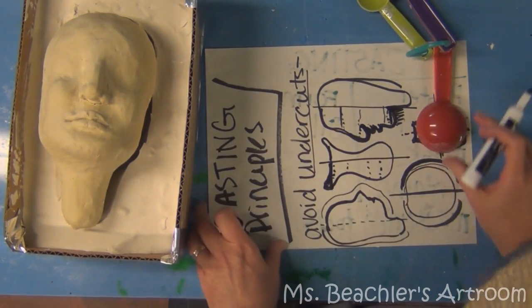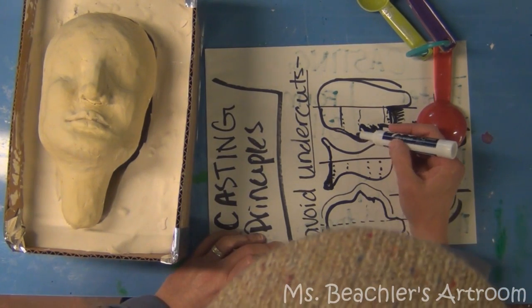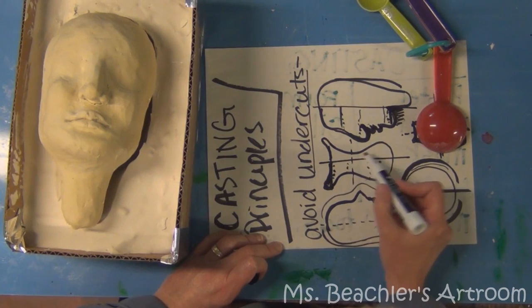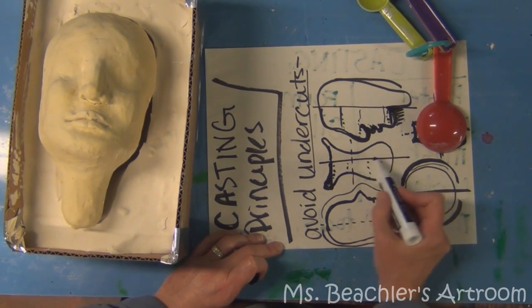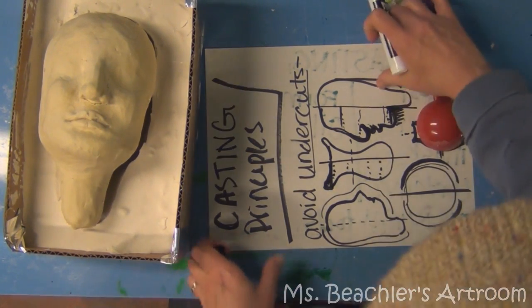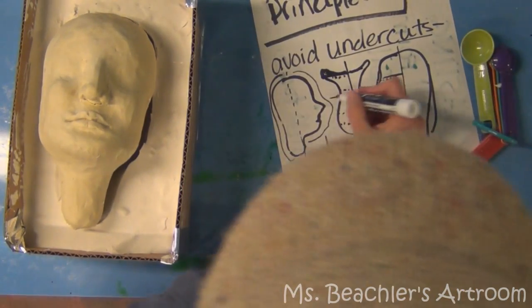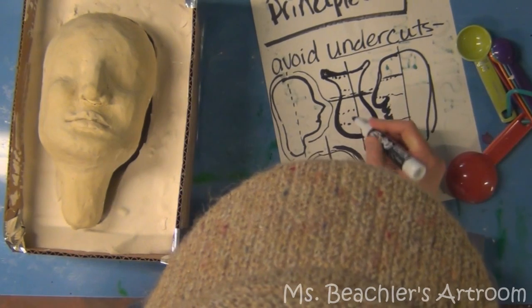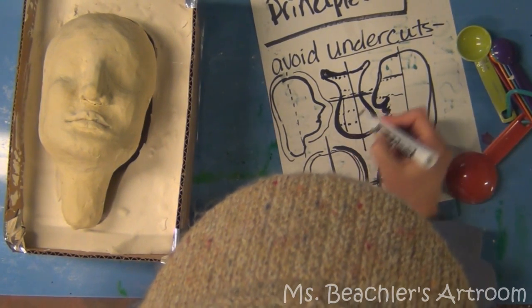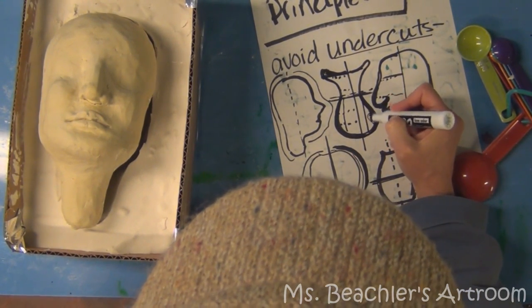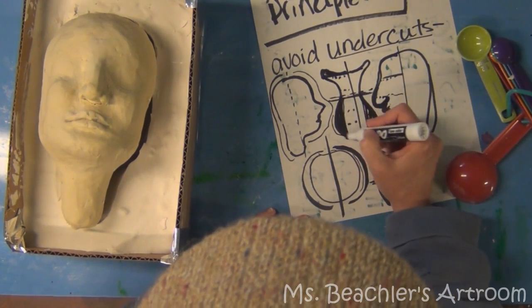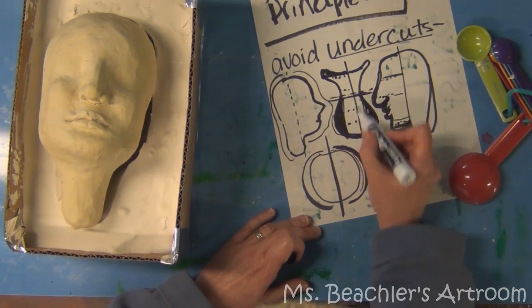Okay. Another problem would be if you made your cast with the top part versus the bottom part, so that when you pulled, so that this would be your mold right here, and as you can see, this whole area and this whole area would get blocked by the shape of the cast, and it wouldn't come out.